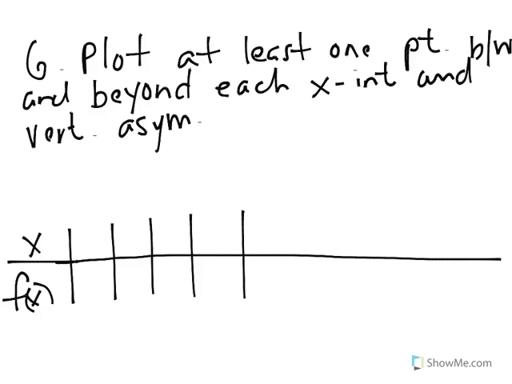Based on the problem we previously did, the x-intercept was 0 and the vertical asymptotes were -3 and 3. So it has to be numbers between and beyond these. Beyond that, -4 would fit that bill.